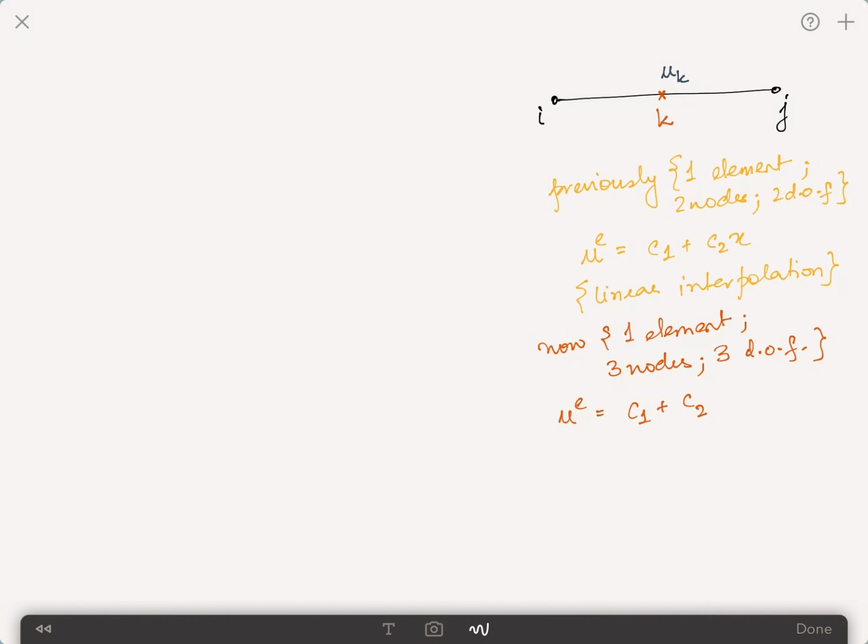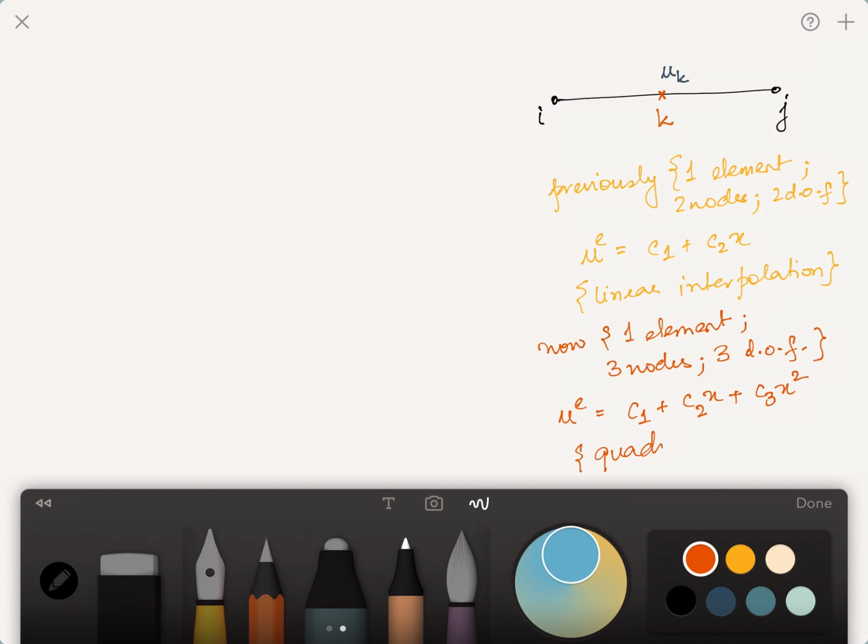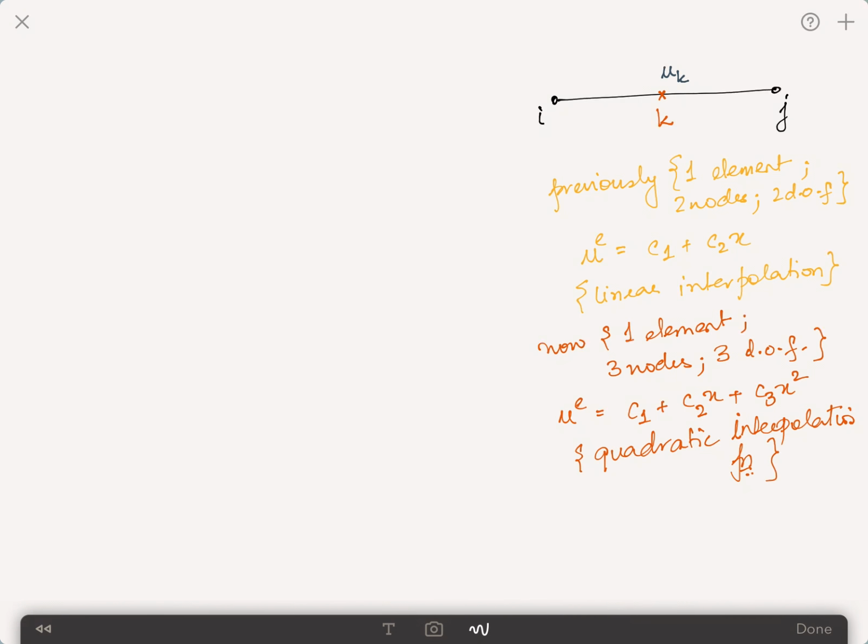So I have C1 plus C2x plus C3x square. And this therefore becomes a quadratic interpolation function. So this is another way of adding a degree of freedom without actually refining the element or the structure.